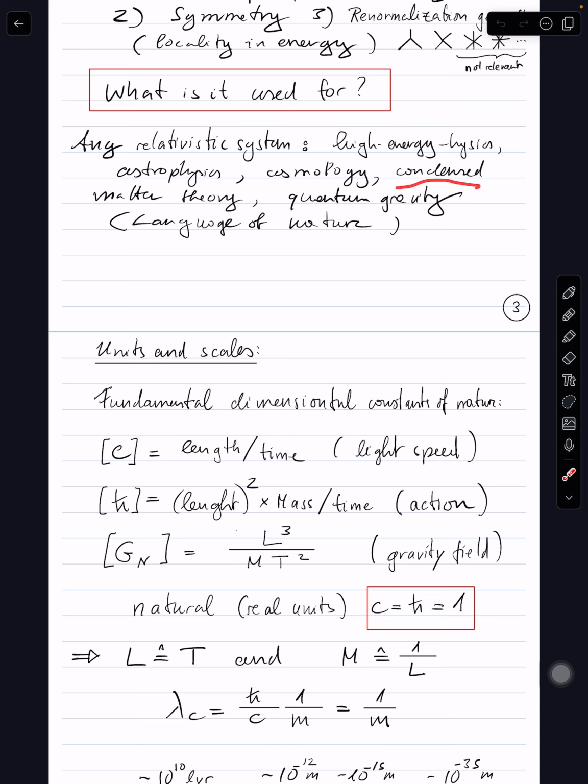Then condensed matter theory, interestingly, is also very strongly dominated by quantum field theory, as many phenomena such as superfluidity or superconductivity are quantum phenomena where particles in the lattice behave in a quasi-relativistic manner, and so we definitely need quantum field theory to describe their behaviors. Then quantum gravity is the next holy grail that we haven't found yet, where we try to merge the concept of locality, quantum mechanics, and general relativity.